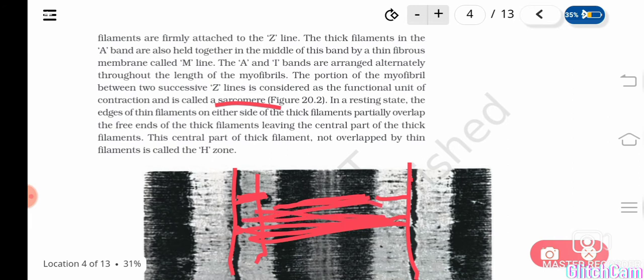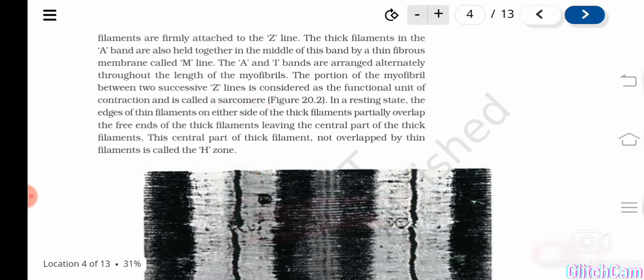The functional unit of contraction, and it is known as the sarcomere. So what is a sarcomere? The functional unit of contraction, and what does it include? It includes half of an I band and a full A band and half of another I band. This much forms the functional unit of contraction and is known as what? The sarcomere.